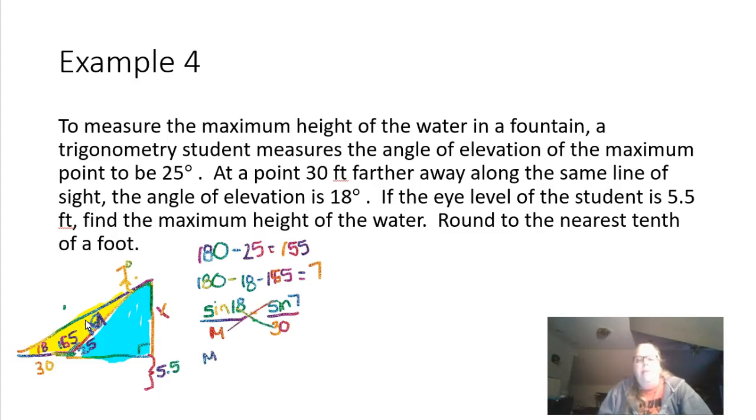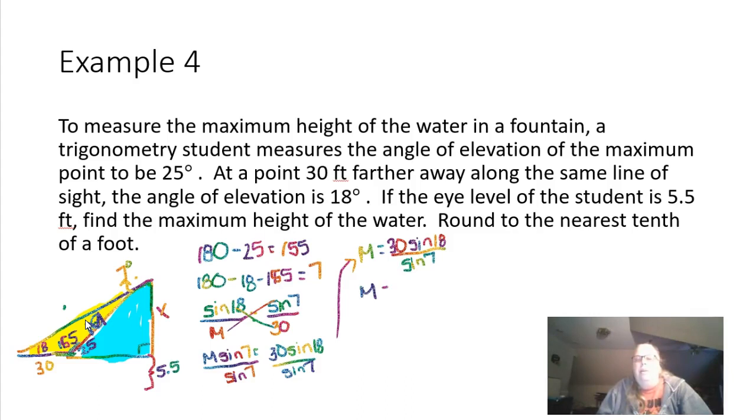On the left, we'll have M times the sine of 7, and on the right, we'll have 30 times the sine of 18. And since we're solving for M, we'll divide out that sine 7 on both sides. And that tells us that M is equal to 30 times the sine of 18 divided by the sine of 7.